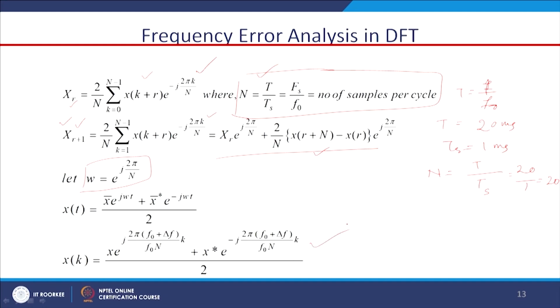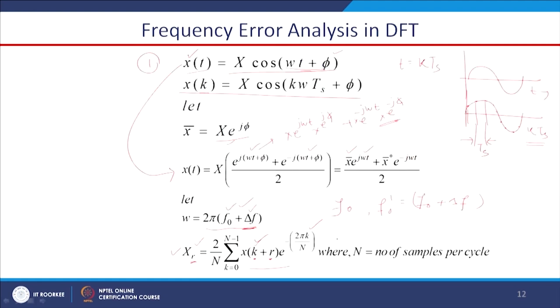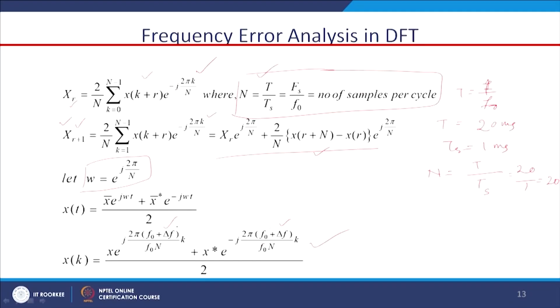Now you can see very clearly in this expression that f naught plus delta f represents the frequency deviation. Previously, if you could see our expression, the frequency was f naught only, but now the expression is f naught plus delta f.